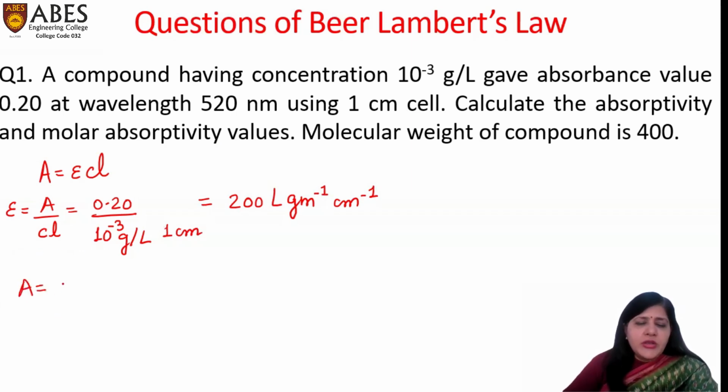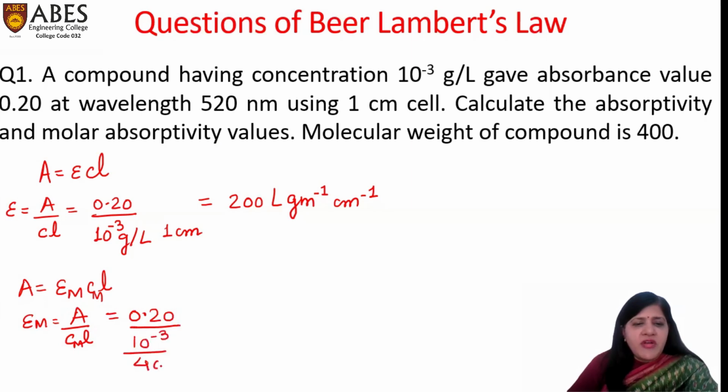Molar absorptivity: to calculate molar absorptivity, we will take the formula absorbance is equal to epsilon m Cl, where concentration is given in moles. So molar absorptivity is A upon Cl. This concentration is in moles. Absorbance is 0.20 and concentration is 10 raised to the power minus 3 divided by the molecular weight 400.